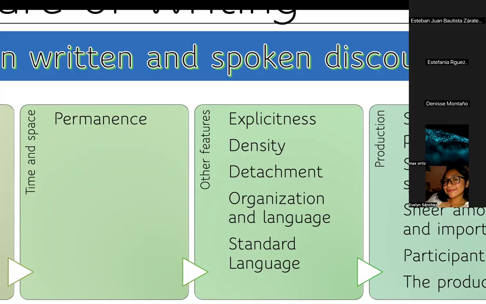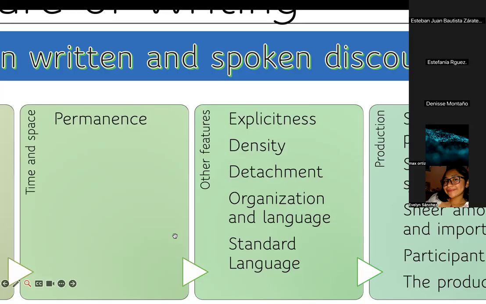So you are making like a chain. And if some ideas are introduced abruptly, that detachment is not going to be preserved in the written text. So that's why you need to use discourse markers and other aspects that make the reader aware of how the ideas are connected.